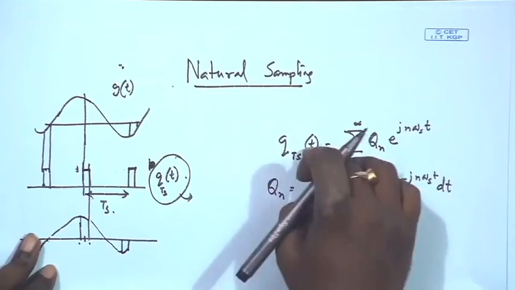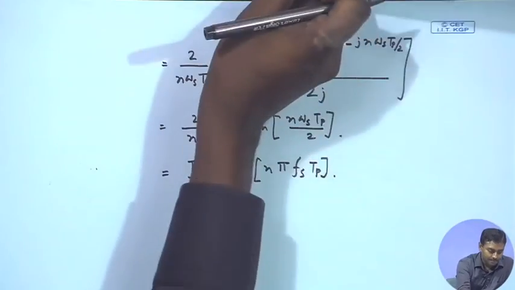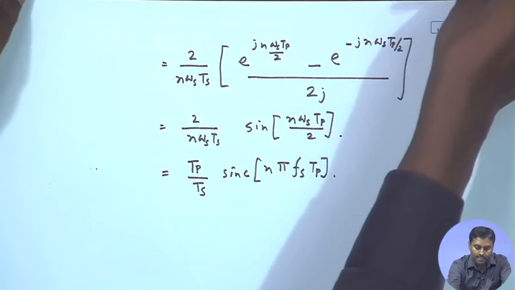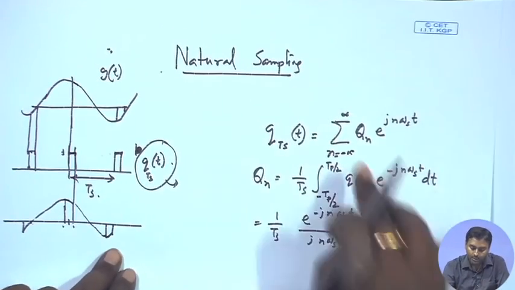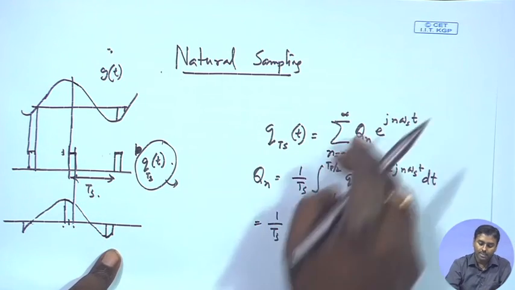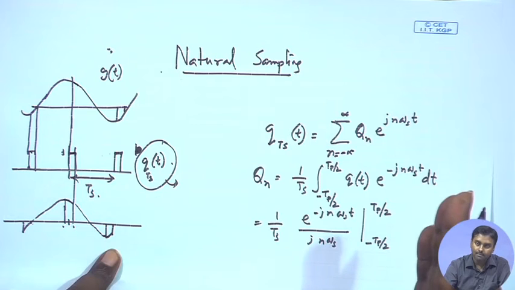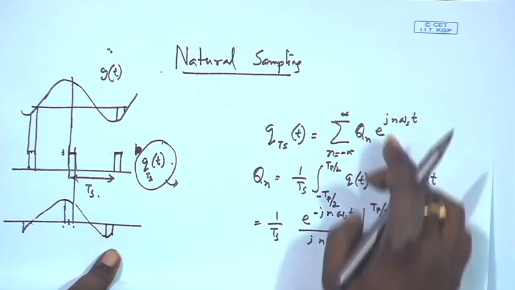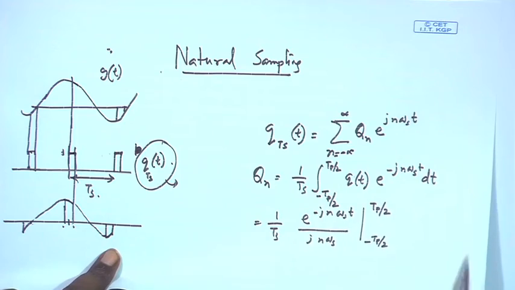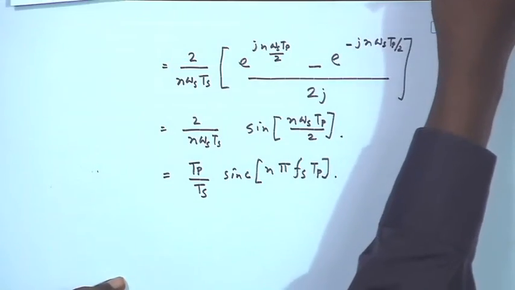Now, we have got our q(t). Okay. So, what will be the corresponding frequency response, because q(t) is nothing but this summation of q_n e to the power j n omega_s t, from minus infinity to plus infinity. So, they will just become impulse functions in the frequency domain at those frequencies n omega_s or n f_s. Okay.